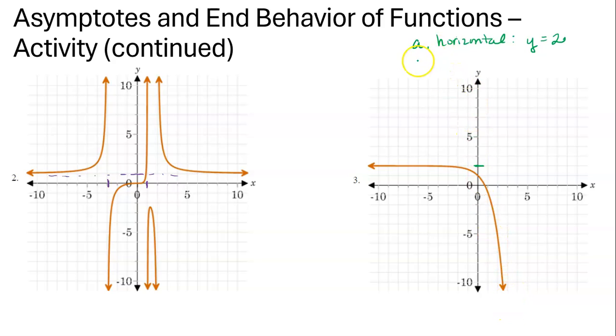And then B, we know that f of x or y approaches 2. As it approaches 2, x approaches negative infinity. Okay, and then down here, as f of x or y approaches negative infinity, x is going to approach positive infinity.